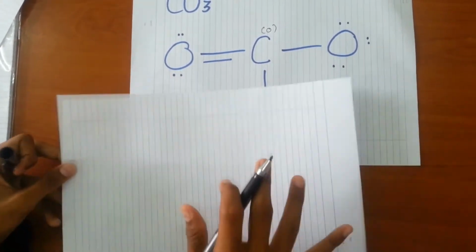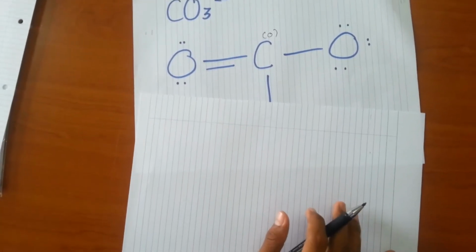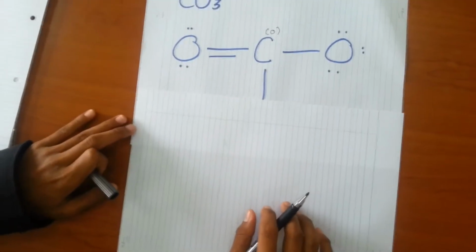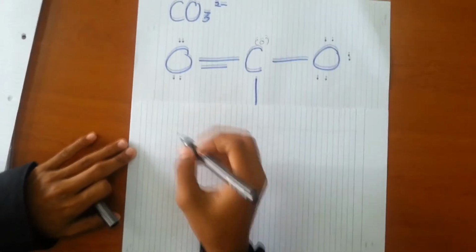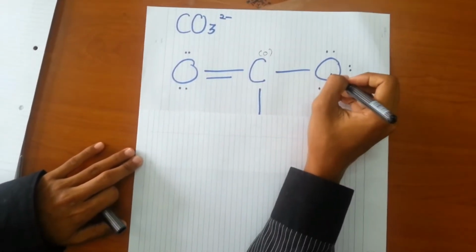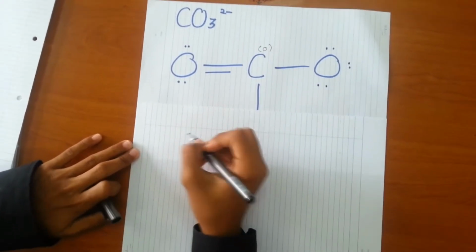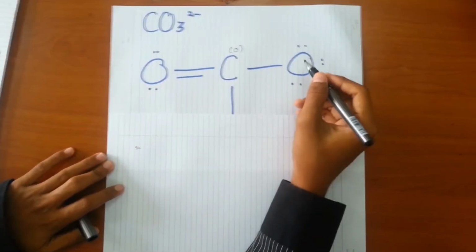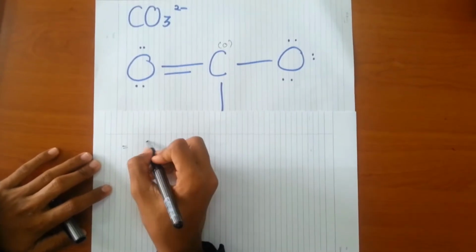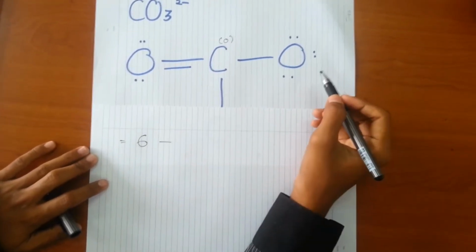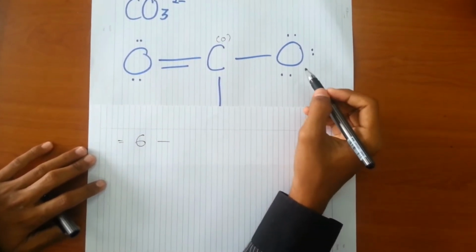Next, we are going to calculate the formal charge in oxygen atom. The number of valence electron for oxygen is 6 minus 2 number of non-bonding electron.